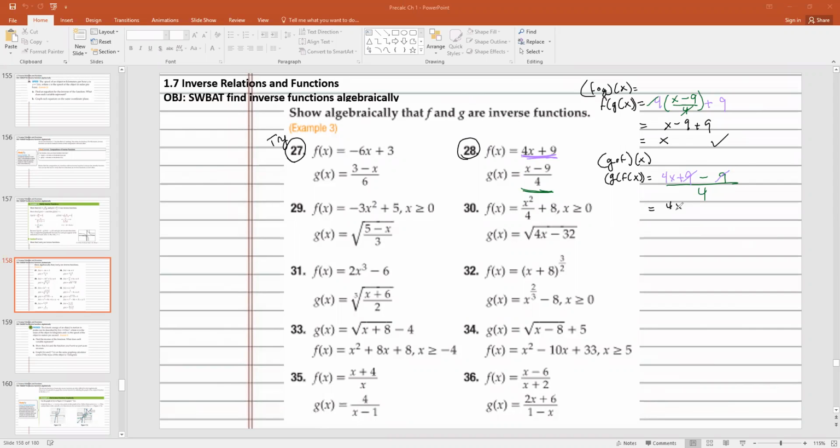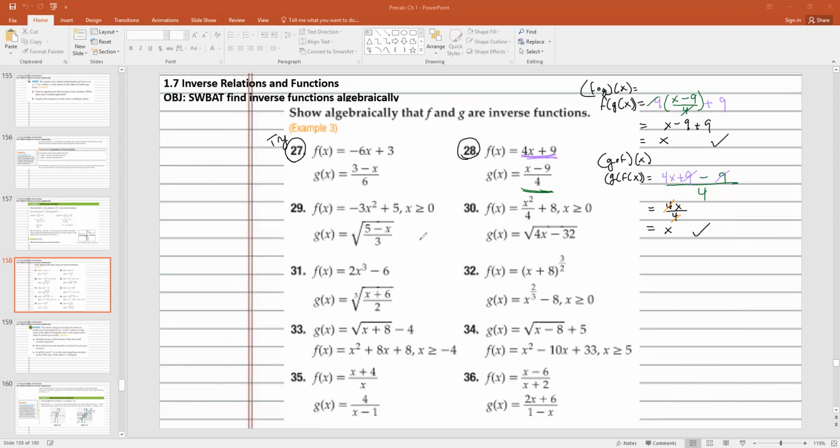And we get 4x divided by 4. And the 4's cancel out. And what do we get? We get x. Ta-da! And they both work. So they are inverses of each other. Yay. All right. So we have that one.